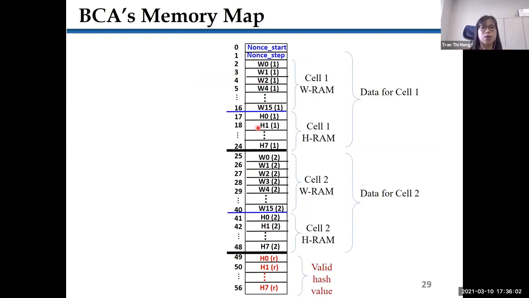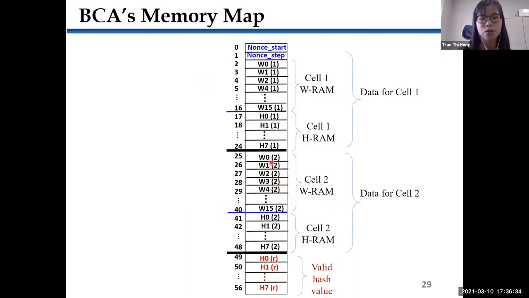Okay, so let's look at the outside view, the view of the BCA, how the CPU views our BCA. It looks like that. This is the memory map that the CPU sees of my BCA architecture. The W01 until H1 here is equivalent to the input data necessary for calculating the SHA block 2.